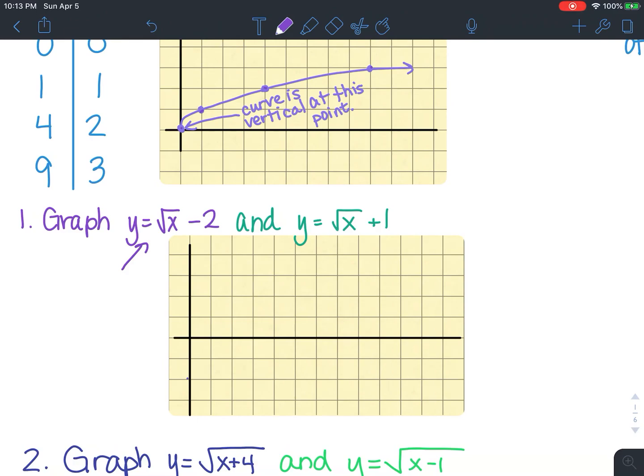The point that's at 0, 0 will now be at 0, negative 2. The point at 1, 1 will just go down 2. Over 4 will be at 0. And then over 9 will be at 1 instead of at 3.